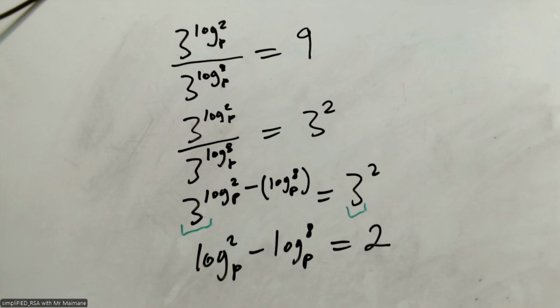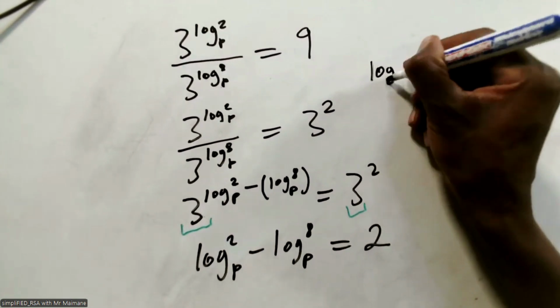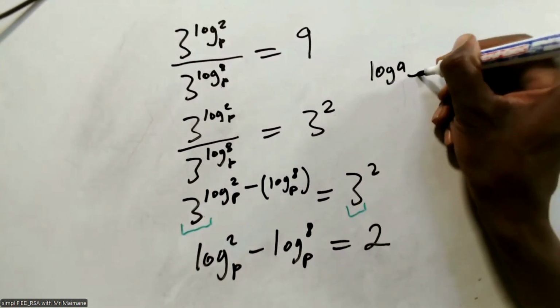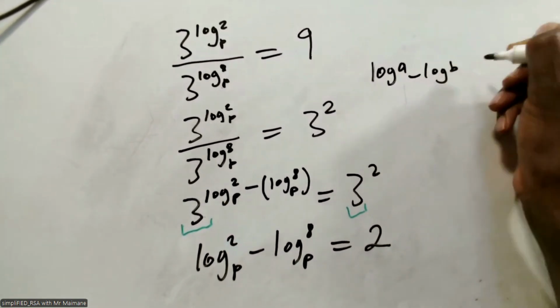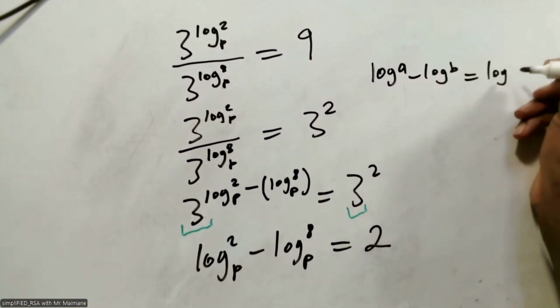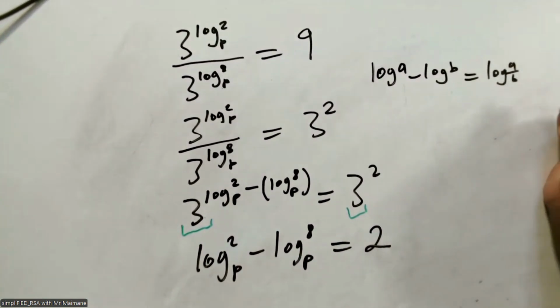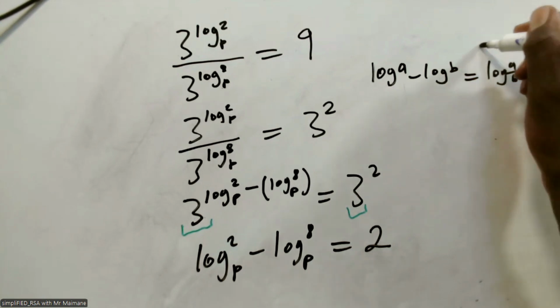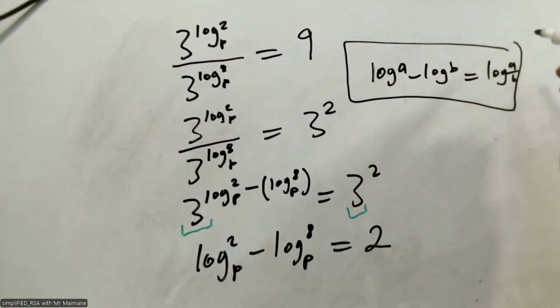And we have a rule of logarithm. The rule is, if you have log a minus log b, this is the same as log of a divided by b. This is the rule which everyone is expected to know, which we can apply here.